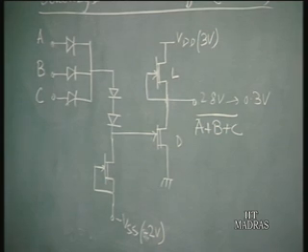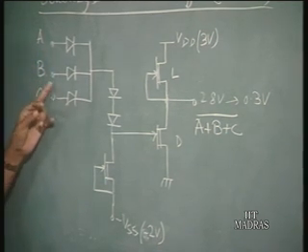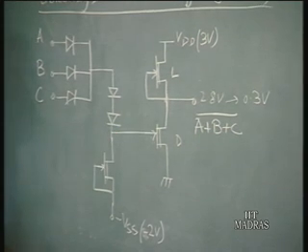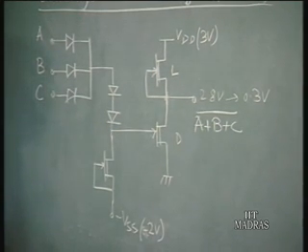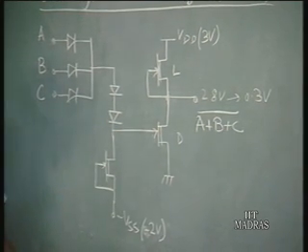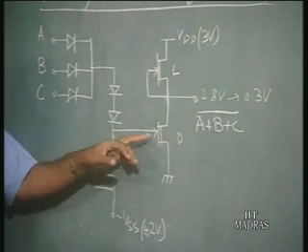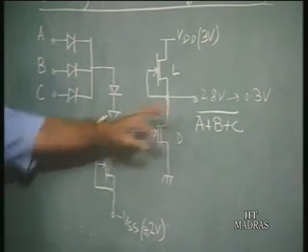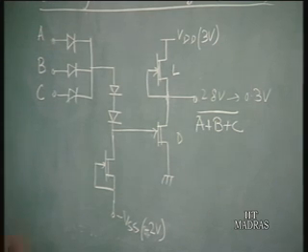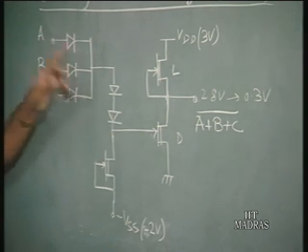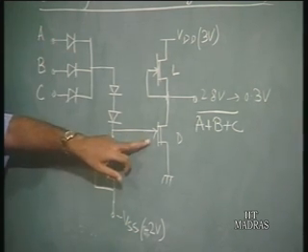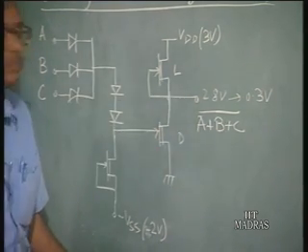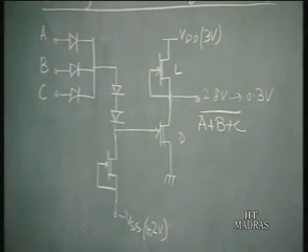Sorry, when any input goes high, then this driver transistor is on and the output goes low. So, when this goes high, this is around 0.7 volts here. So, this is going to pull down the output and the output is going to go low. So, here we have a NOR gate.